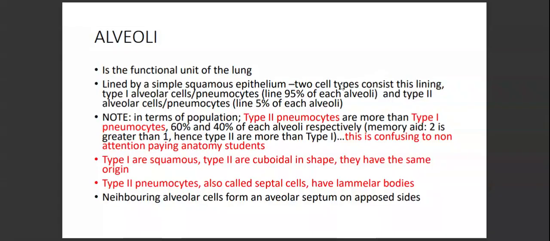Okay. So now here is a very confusing point, and pay attention. Most students of anatomy get confused here, so pay attention so that you do not become a victim also. We're saying that the lining of the alveoli is made up of two types of cells, which are the type 1 and type 2 pneumocytes.